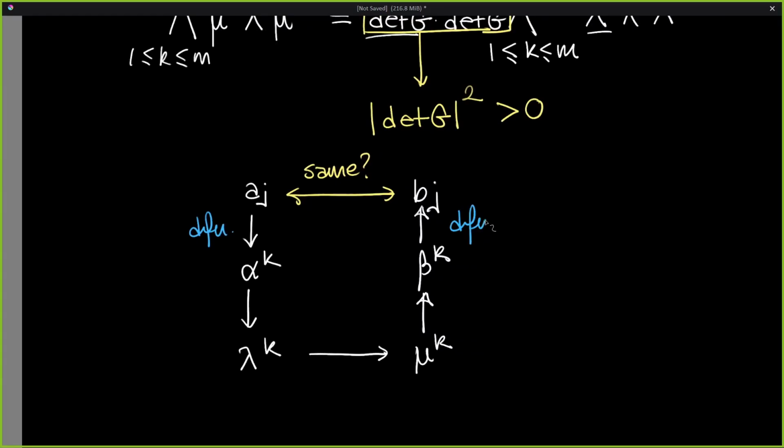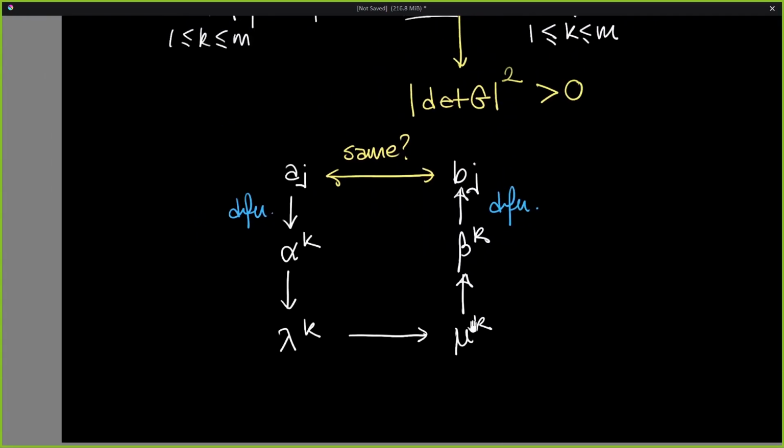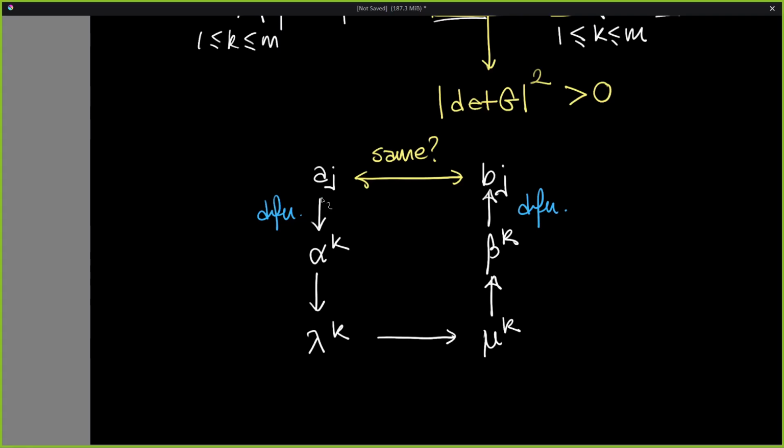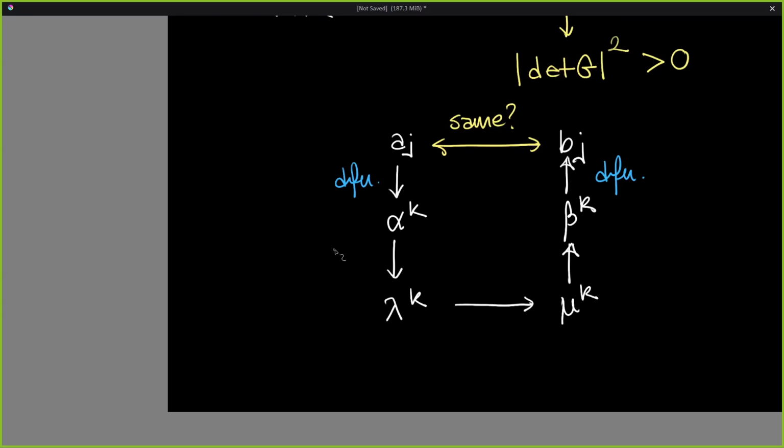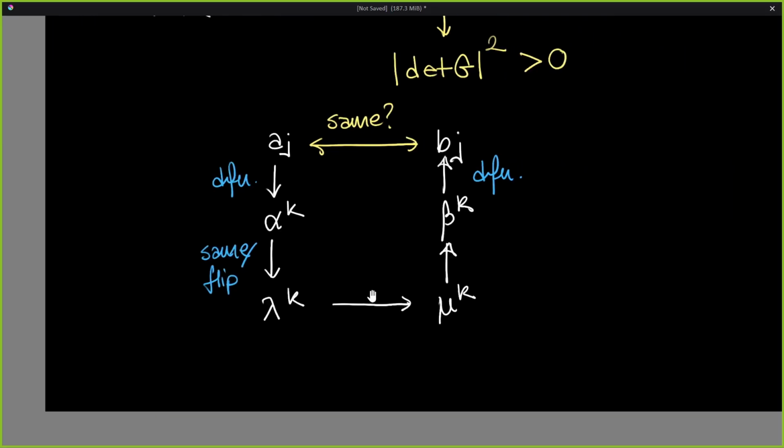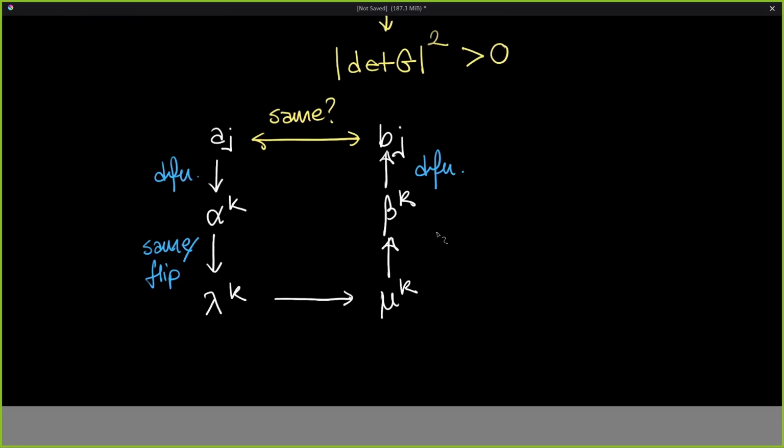These are also the same because the dual basis is defined to have the same orientation as the vector basis, and then these are not the same. These are either same or flipped, it depends on the value of m, but this is also same or flipped.